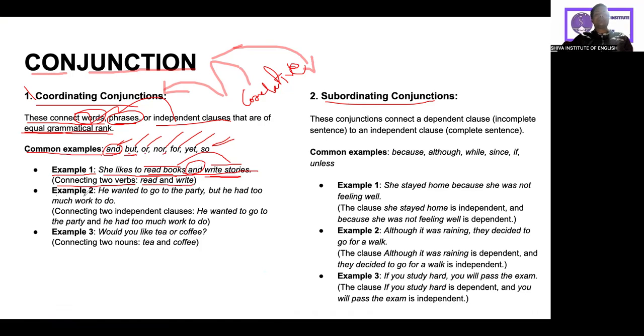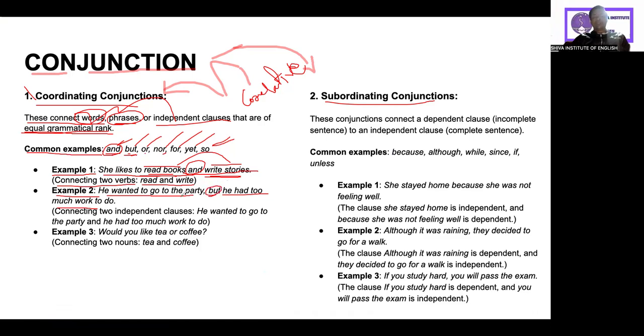If I go for the second example: he wanted to go to the party, but he had too much work to do. In that case, but is used to contrast the ideas.